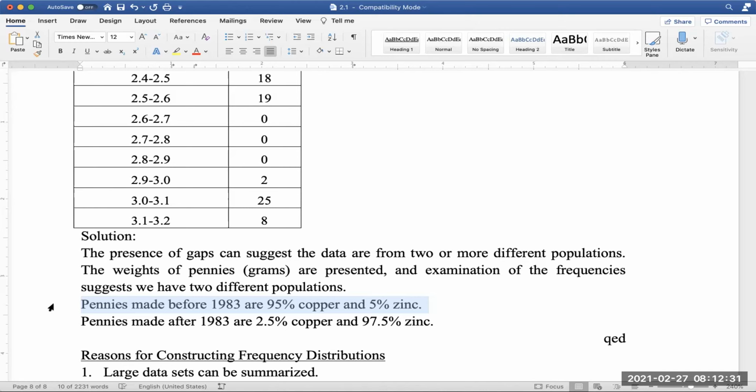Pennies made before 1983 were copper pennies, 95% copper, 5% zinc. Pennies made after 1983 are only 2.5% copper and 97.5% zinc.